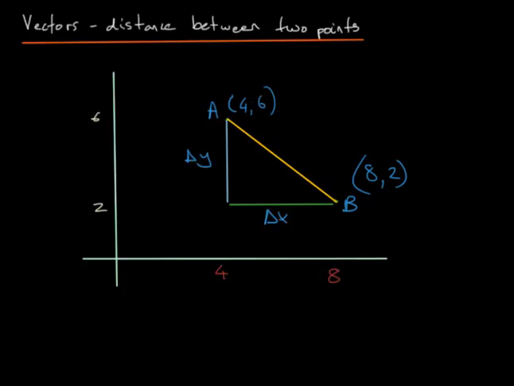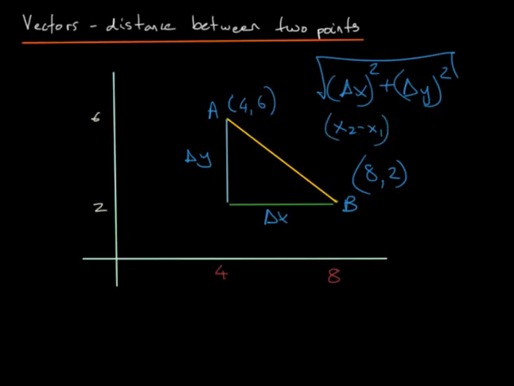So if I want to know the distance between A and B, I need to do the change in x squared plus the change in y squared, square rooted, right? And to get the change in x, I need to do x2 minus x1. So the usual formula that you see written, that looks a bit long, is just the difference in x's plus the difference in the y's all squared, and take the square root of that. If we do this, we get the distance between A and B.